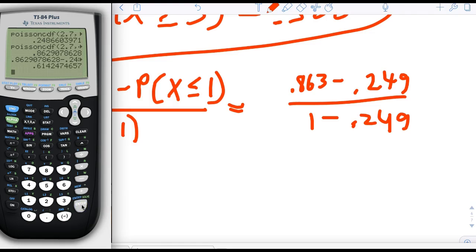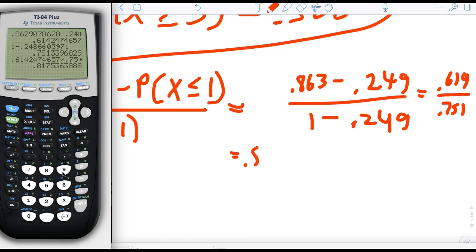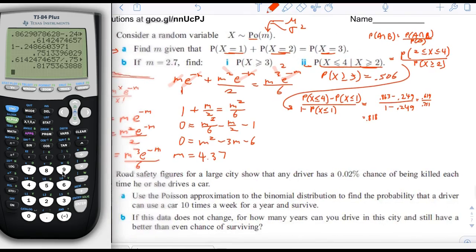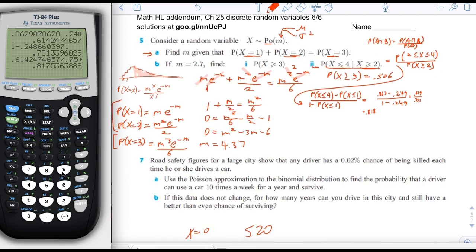We get the numerator 0.614, and the denominator would be 1 minus 0.249, which would be 0.751. And so if I divide 0.614 by 0.751, the probability is 0.818. Okay? That was a little bit of conditional probability mixed with Poisson distribution.